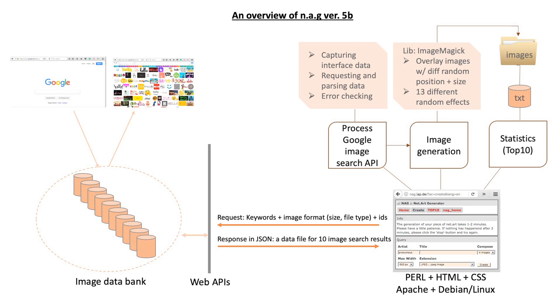So this is an overview of what net.art generator is actually doing behind the interface, when you type in the artist name as well as the title, and then you click create. So what is going on actually within the system?